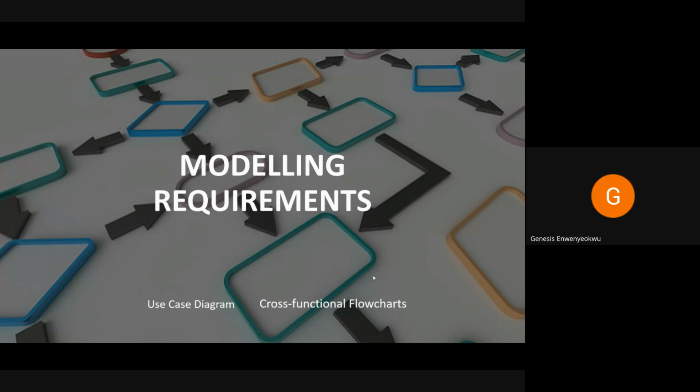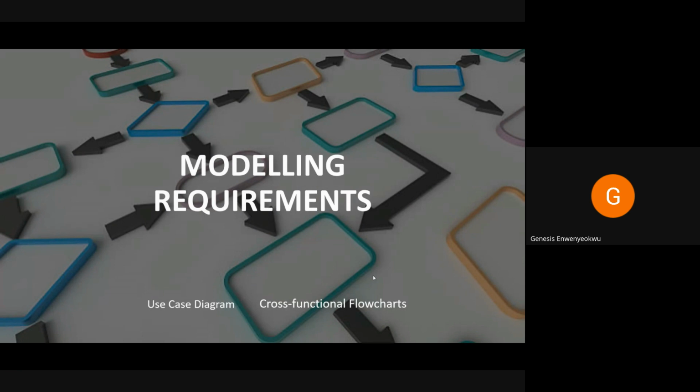All right. So we've looked at requirement specification, looking at two of the most common ways that we specify requirements as business analysts or product owners. So today we'll be looking at requirement modeling.